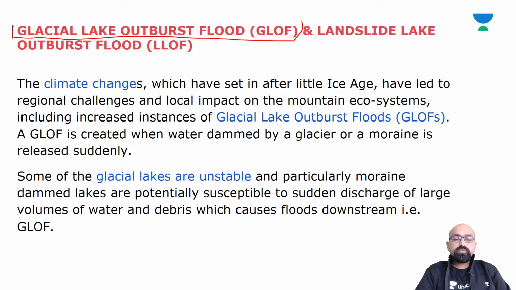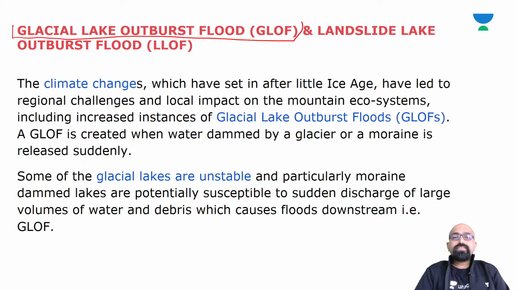Glacial lake outburst floods have immense potential of flooding downstream areas, causing disastrous consequences due to the release of a large volume of water in a very short interval of time.